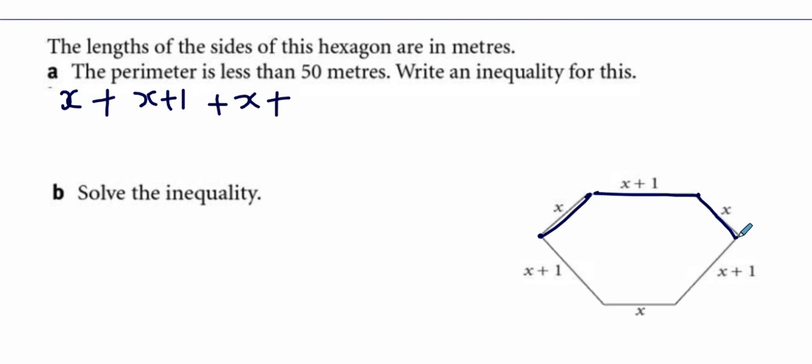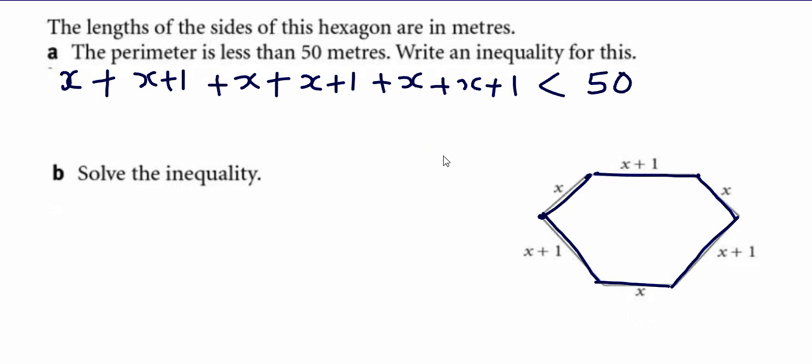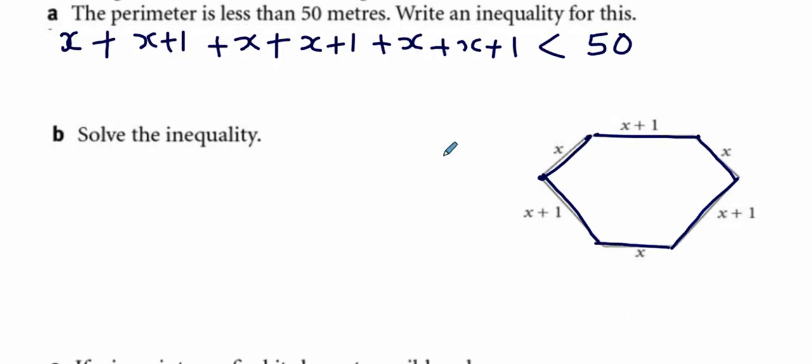I'm adding all the sides. That is what it means by perimeter. x plus 1 plus x plus x plus 1. Then stop there, because that now should be less than 50. This is the inequality. Solve the inequality.